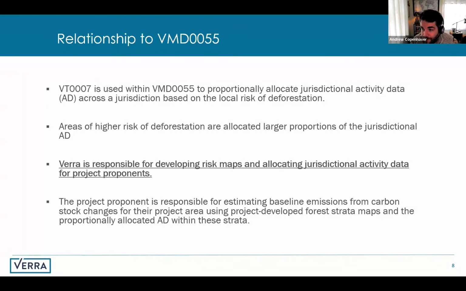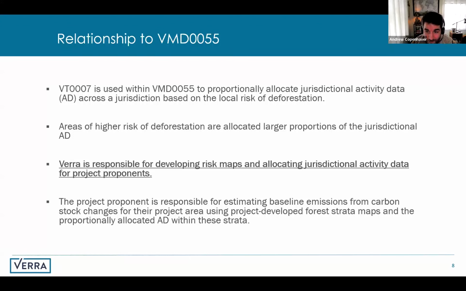This activity data is derived by sampling and visually interpreting sample plots to derive the change category of that plot, such as forest loss, regrowth, stable forest, stable non-forest, over the course of the 10-year historical reference period. This activity data is used to develop figures of deforestation during the historical reference period at a jurisdictional scale, which are used to predict deforestation rates during the 6-year baseline validity period following the historical reference period.